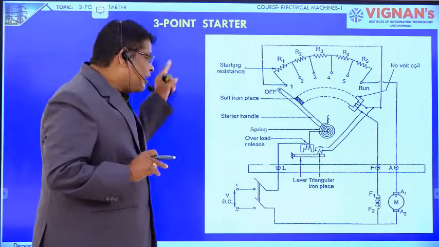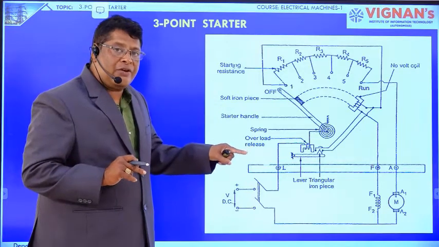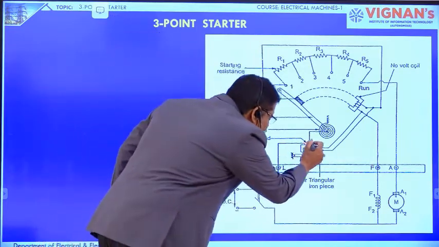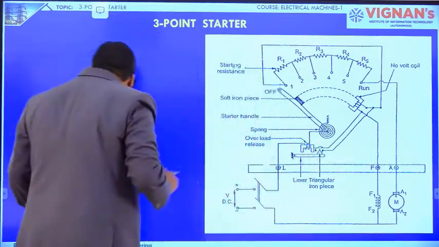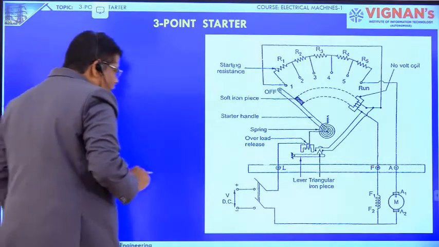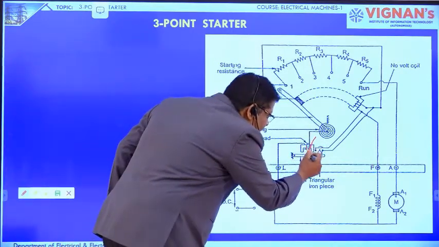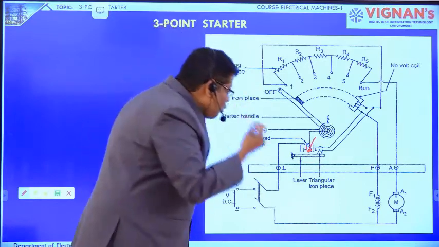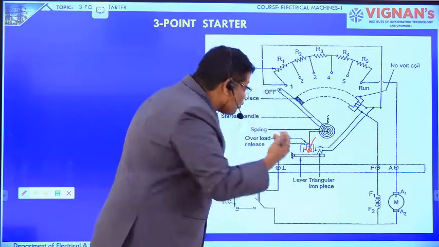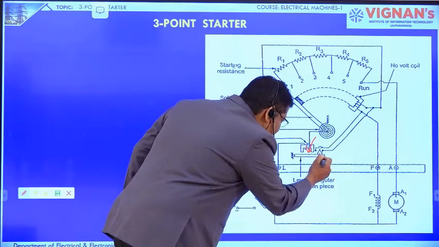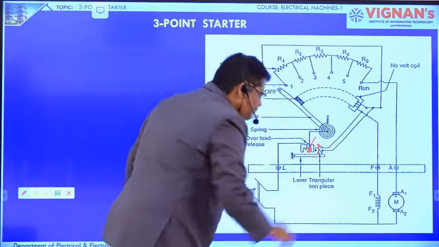Suppose the current is more than the rated value. The force coming from this magnet will increase. It moves the triangular piece upwards.